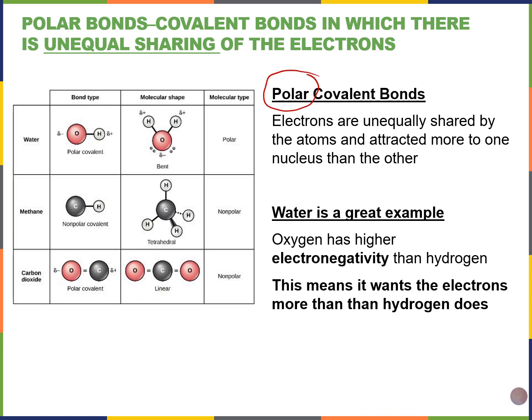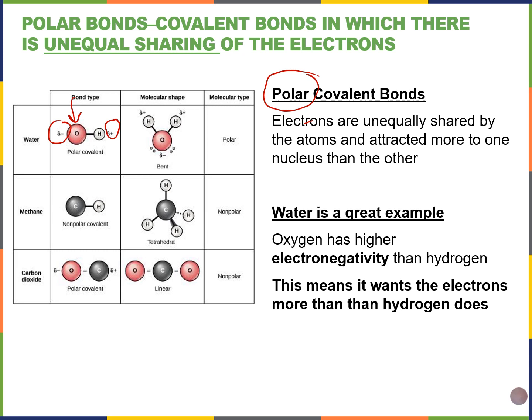In polar covalent bonds, one atom, like the oxygen shown here, is significantly more electronegative than the other atom. Here we see this at the top left. Oxygen has an electronegativity of 3.5. Hydrogen is 2.1. So oxygen is more greedy for electrons, and it becomes partially negatively charged because it's hogging the negative cloud of electrons, whereas hydrogen is partially positively charged.